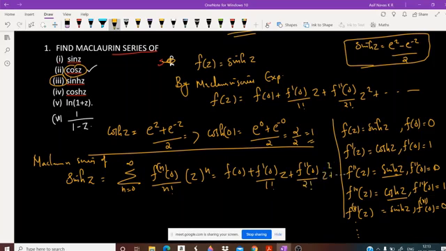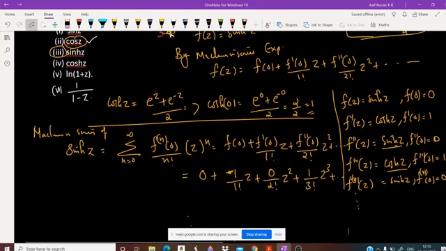So this is equal to f of 0, which is 0, plus f dash of 0, which is 1, by 1 factorial z, plus f double dash of 0, which is 0, by 2 factorial z square, plus f triple dash of 0, which is 1, by 3 factorial z cube, plus etc. So you already get a pattern.